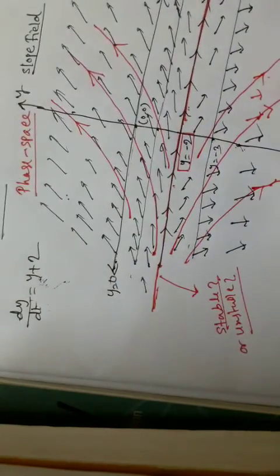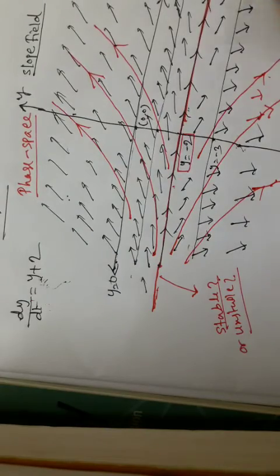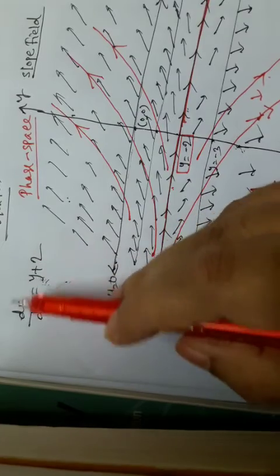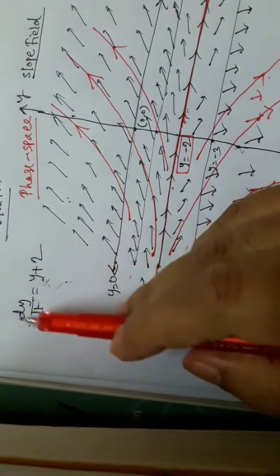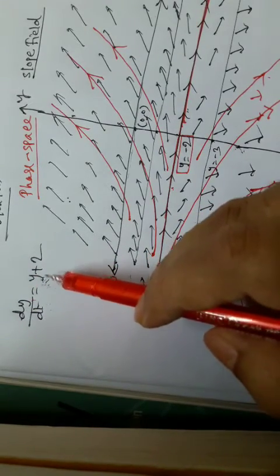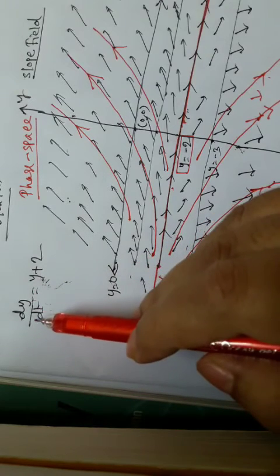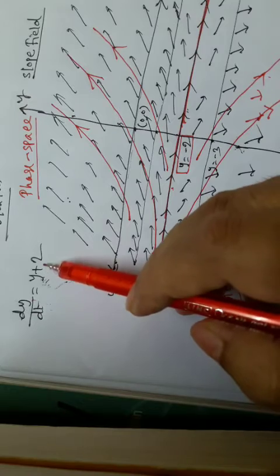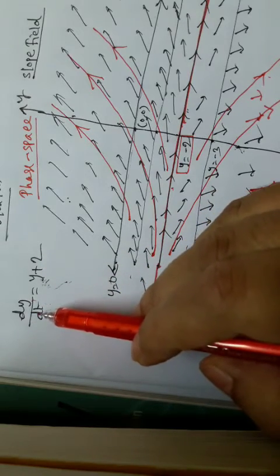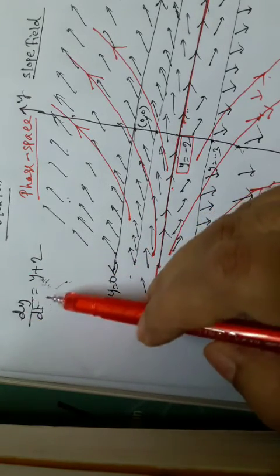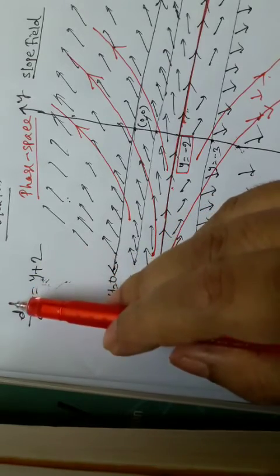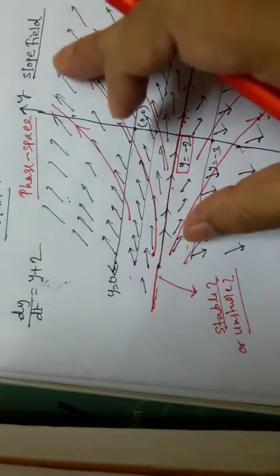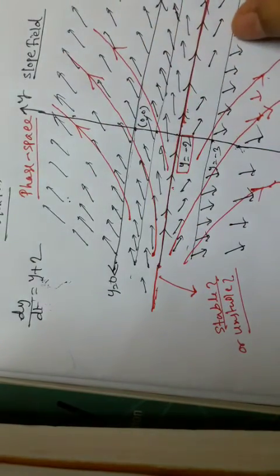This is the picture of the solution of the given differential equation. So without solving this differential equation, without using the process to solve a linear differential equation that we learned in BSc, only by seeing the nature of the slope, we can visualize the solution picture.